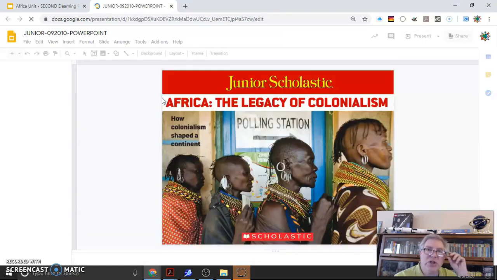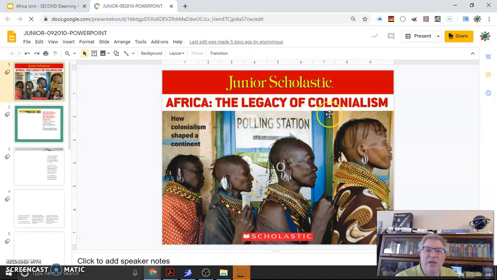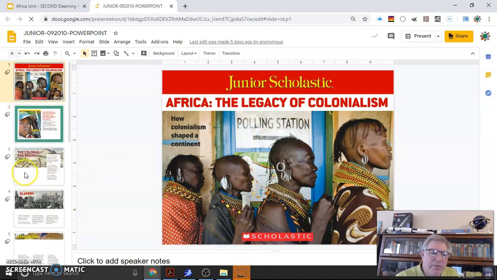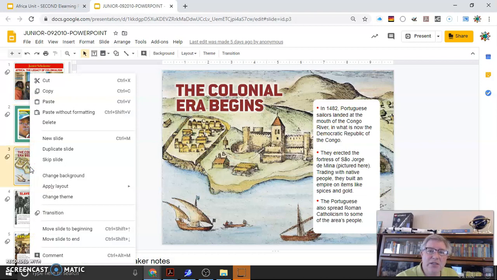It's a presentation about the history of government in Africa, titled Junior Scholastic, Africa, Legacy of Colonialism. As the slides pull up, you'll get the story of government in Africa. You would step through and read each of the different slides, and once you're finished reading that entire presentation, it's kind of like doing a reading article type of thing.